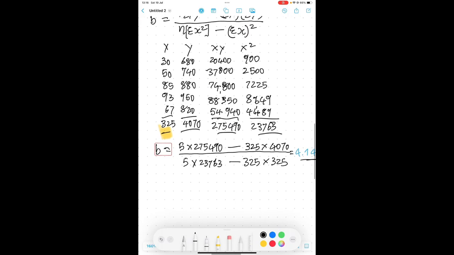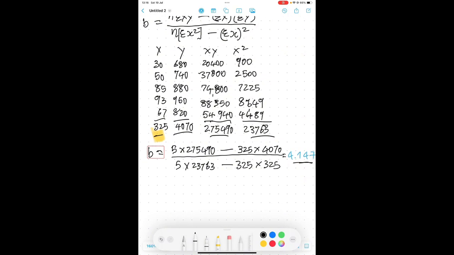We can now insert it. Please apply BODMAS when doing this, which means I'll first of all deal with the numerator, the ones at the top. 5 times 275,490, you get the figure and keep it. You also say 325 times 4070, you get the figure.